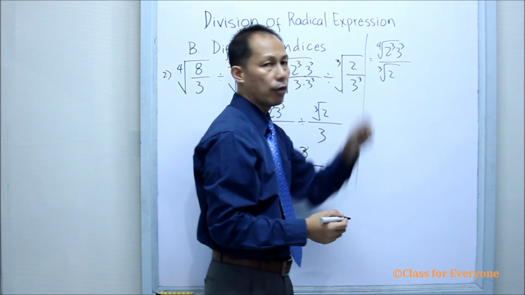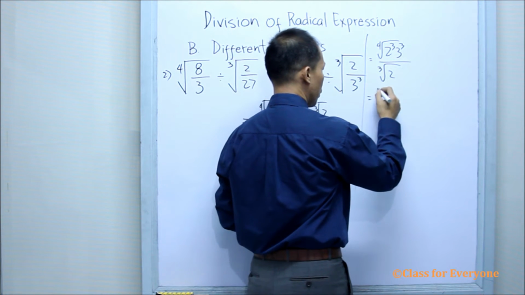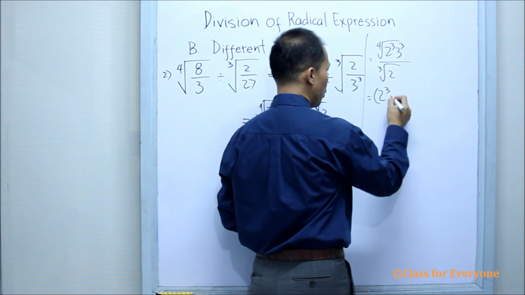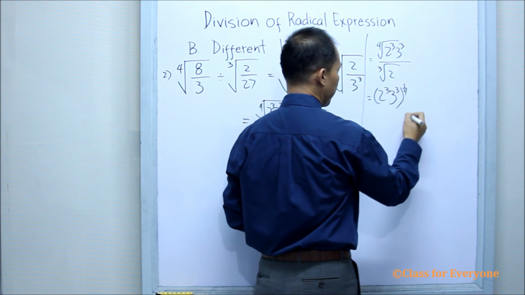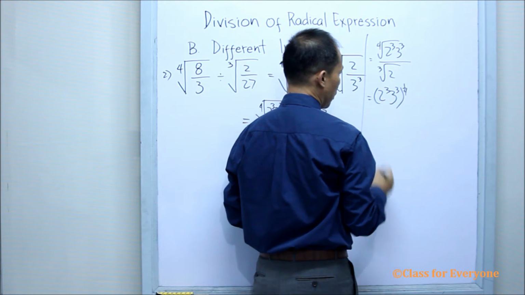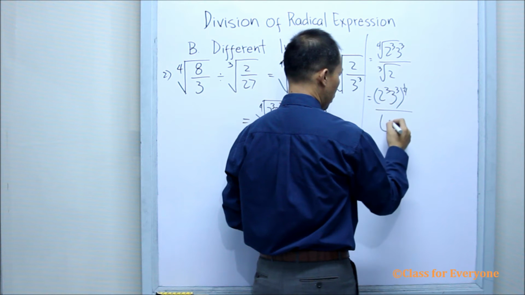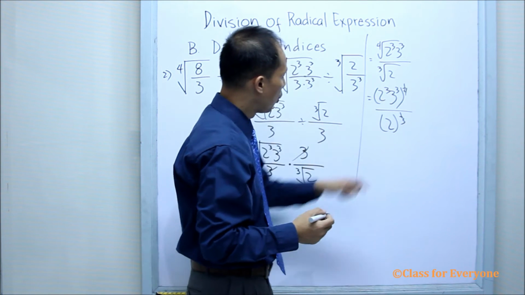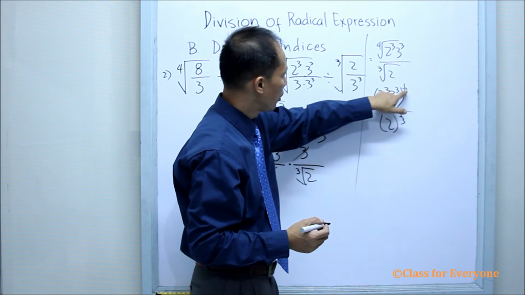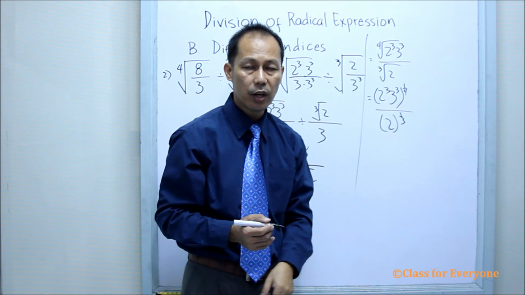When we change this into a fractional exponent, this will become 2 cubed, 3 cubed raised to 1/4, and we will divide it by 2 raised to 1/3. Now, when we divide this, the denominator must be the same because we'll just subtract the fractions.